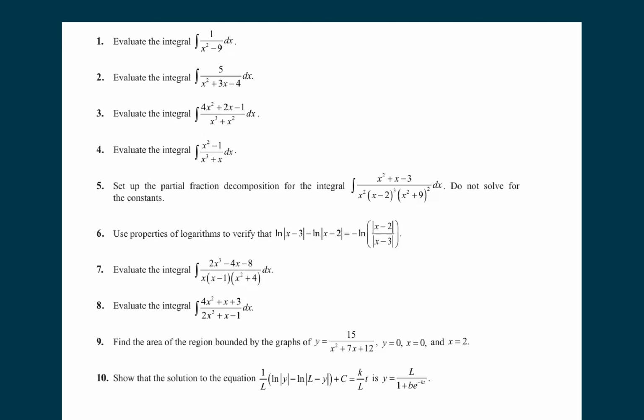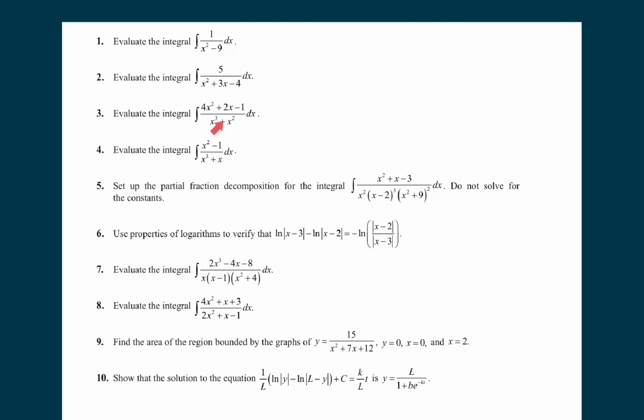So we are going to use partial fractions for integrals that consist of the division of two polynomials, one polynomial divided by another polynomial, where the polynomial in the numerator has a smaller degree than the polynomial in the denominator.